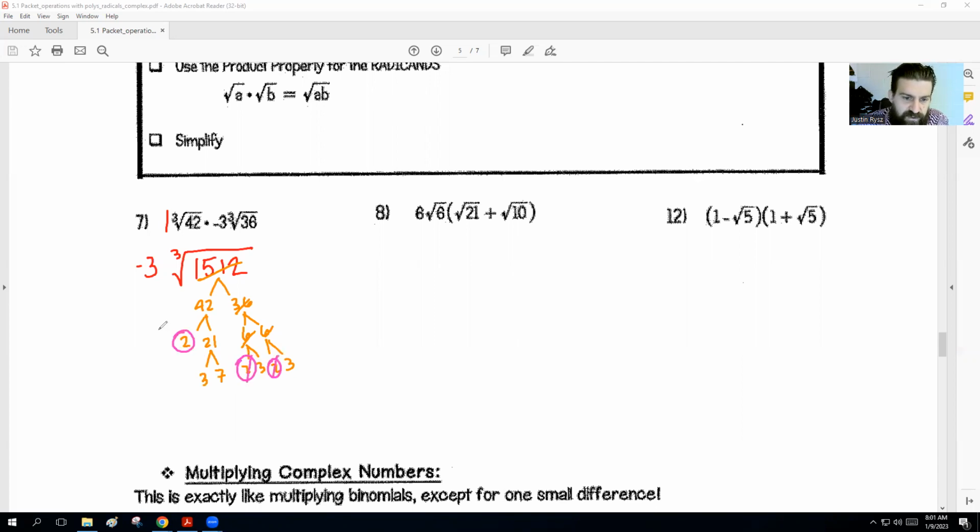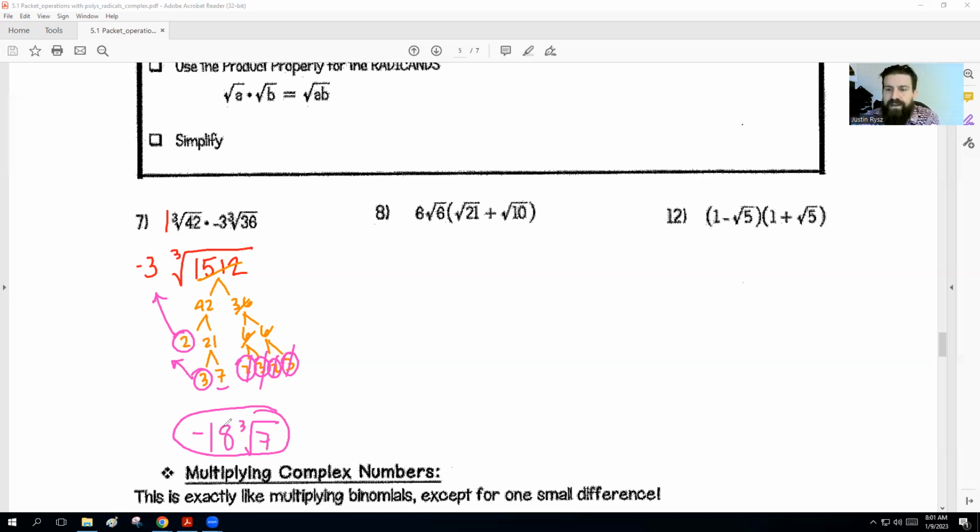We got three 2s, we can break 1 out. And then we have three 3s, we can break 1 out. And then we'd have a 7 left over. So the negative 3 is going to be multiplied by 2, which is negative 6, and times 3. So that's a negative 18. And left over inside is just the 7.